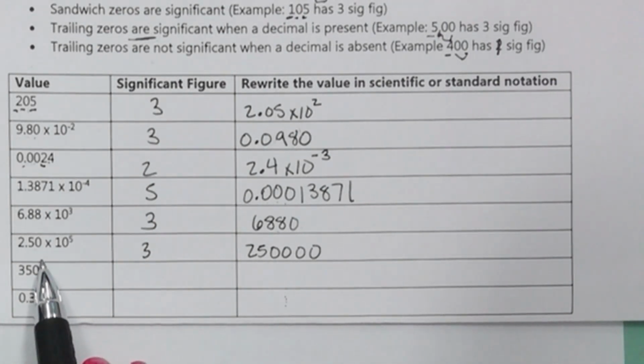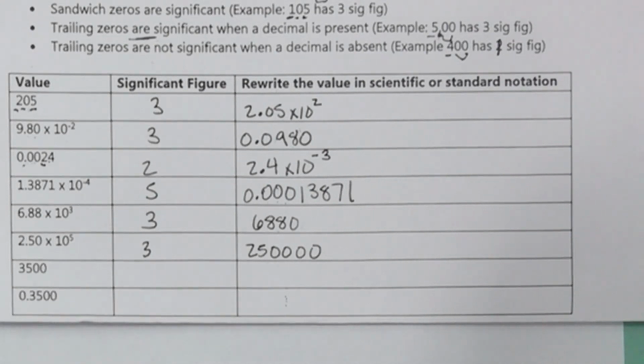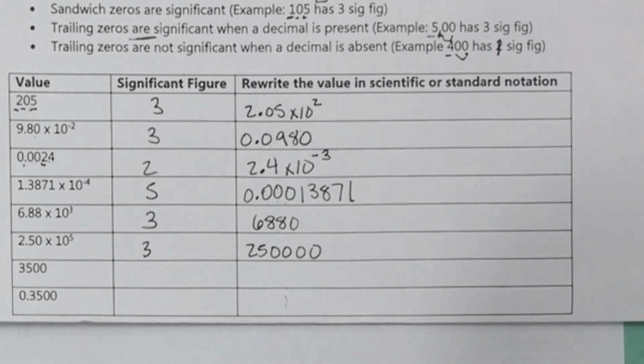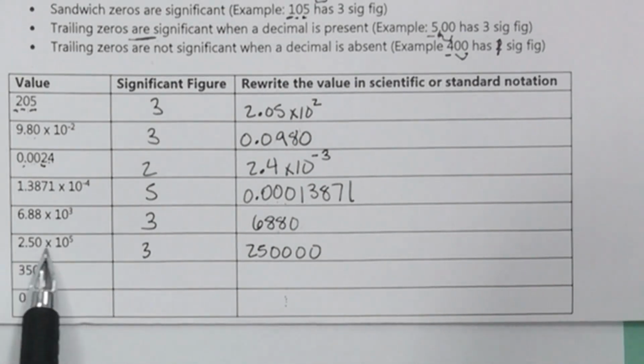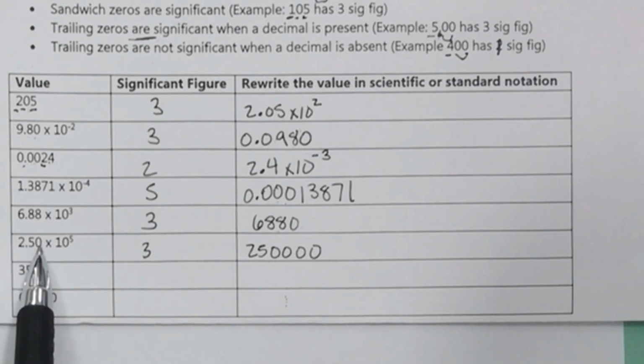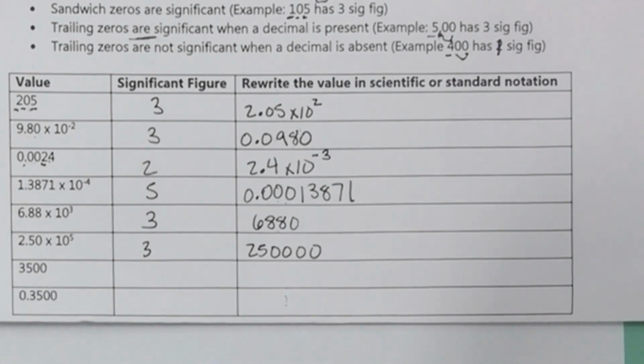So one of my rules of thumb here is if you are unsure if these zeros are significant or not, when in doubt, scientific it out and give me the number of numbers in that value as you would want for significant figures. For example, in this one we're working on, I've got it scientificed out. I have 3 numbers, 3 sig figs.